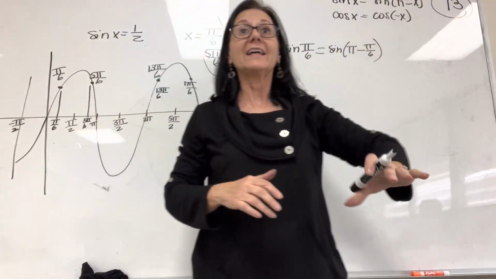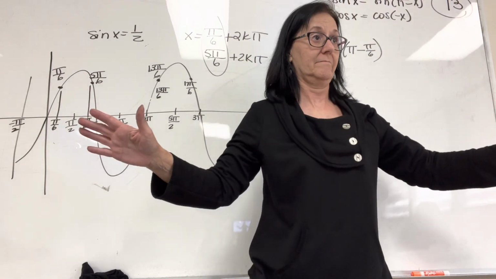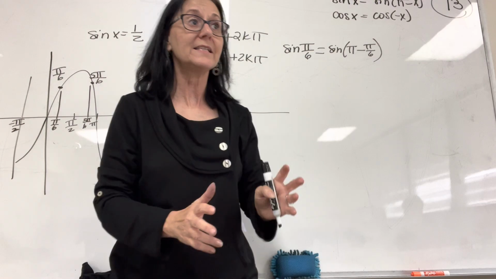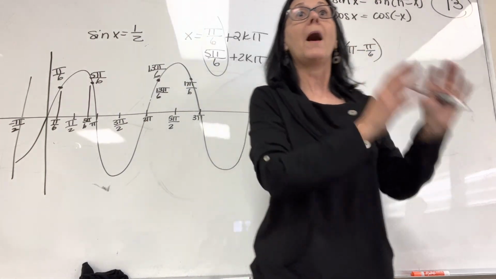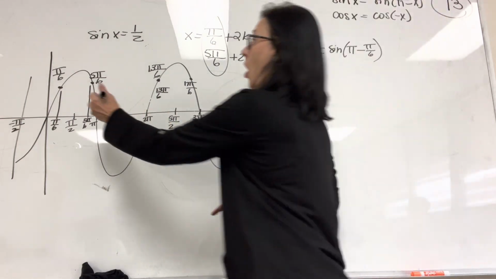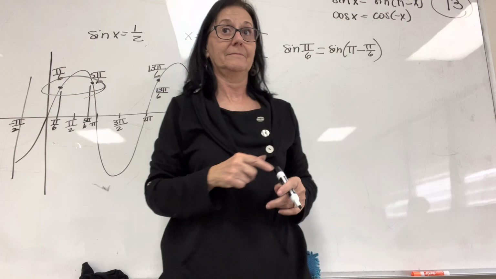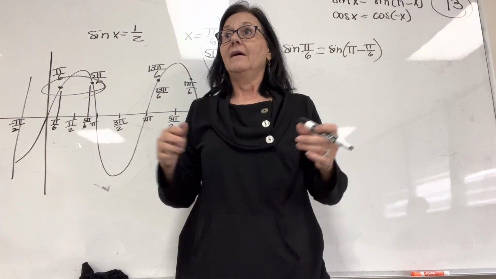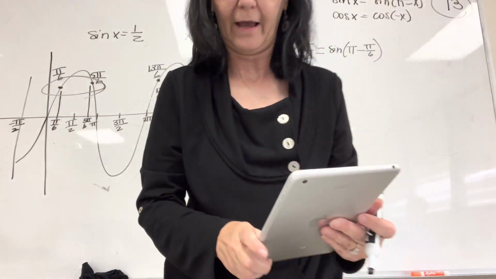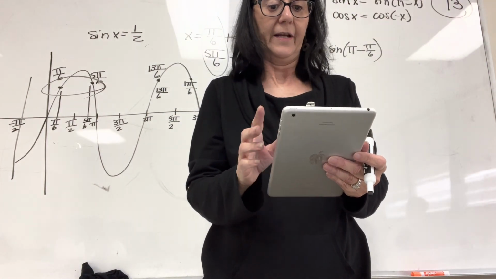The cosine of x equals the cosine of negative x. They're the same. The sine of any angle is going to equal the sine of pi minus that angle, because always these two will be a distance of pi. You see that? It's very nice to know that.